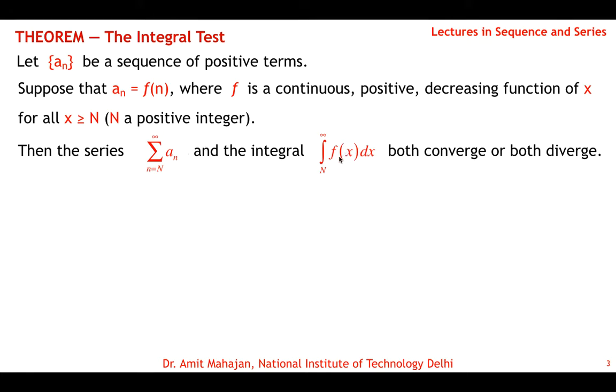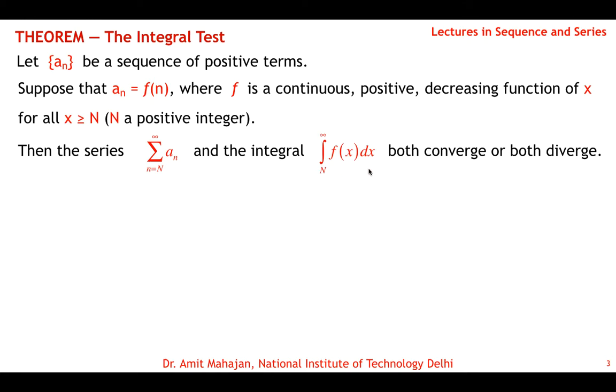This is important in the sense that if the points of your series lie on a function which is continuous, positive and decreasing, then you can calculate this integral value, and if the integral gives a finite unique value, then it converges, and so does the series.